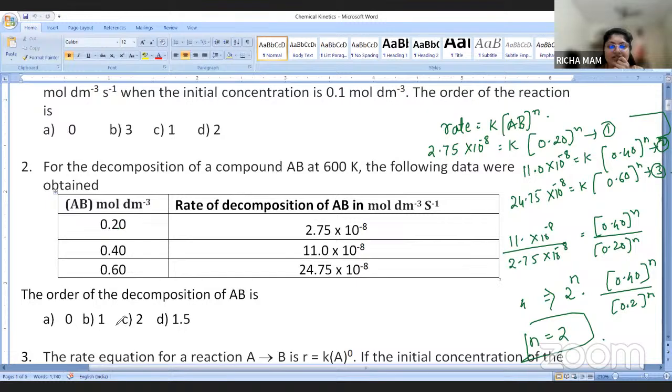So the order of the reaction is 2. That is option number C. This is the order of the rate of reaction.